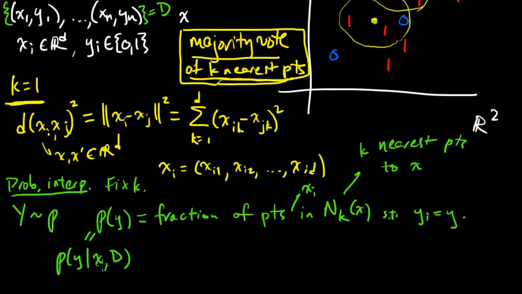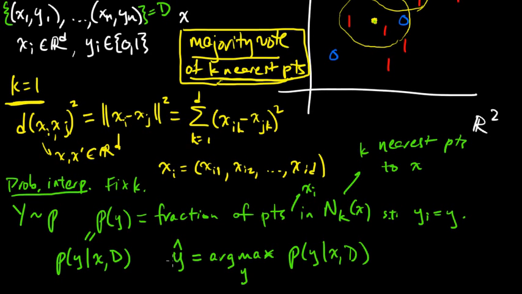It's not technically a conditional probability, since we haven't defined a joint distribution over all these things. And then you would predict. We use a hat to denote an estimate or a prediction. So you would predict the value of y for which this fraction is maximized. Let me write it and then explain.